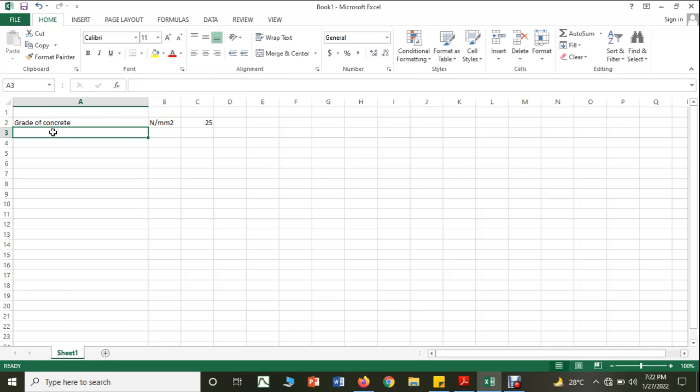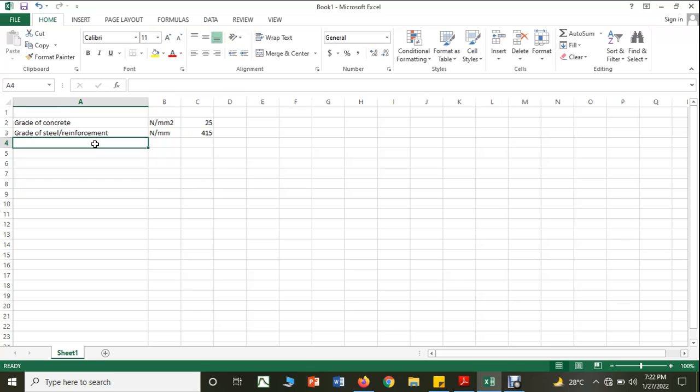The next is the grade of steel, or reinforcement, which will also be in Newton per mm square. Let us take Fe 415, that is 415 Newton per mm square.